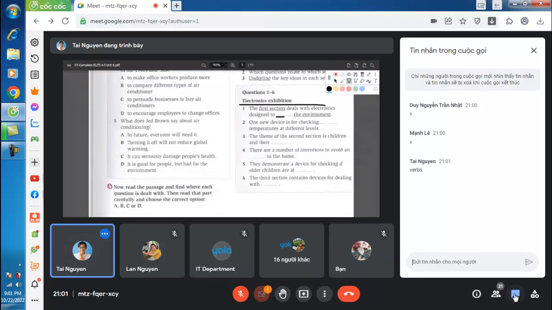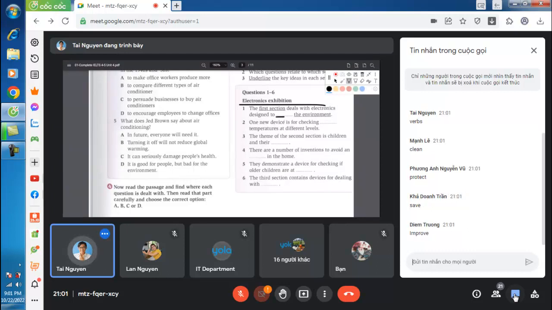Cleaning. Improve it. You can save the environment. Protect, save, protect. Yes. So one of these words. We never know, right?